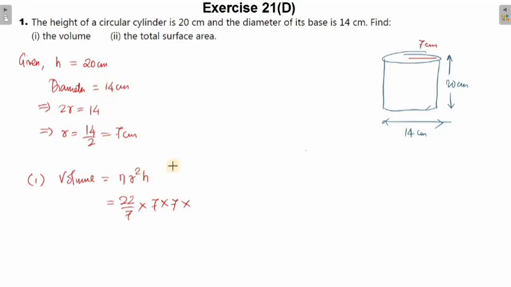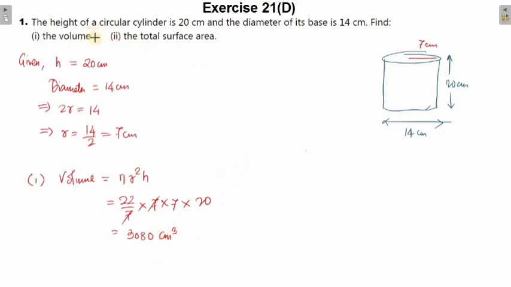H is given to be 20, isn't it? Now 7 and 7 get cancelled. Now 22 into 7 into 20 will be equal to 3080. So this will be the volume, and the volume will be in centimeter cube, right? So I got my volume.